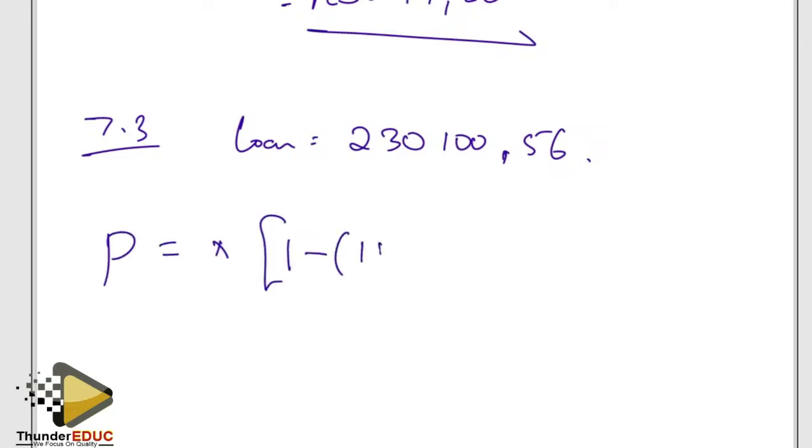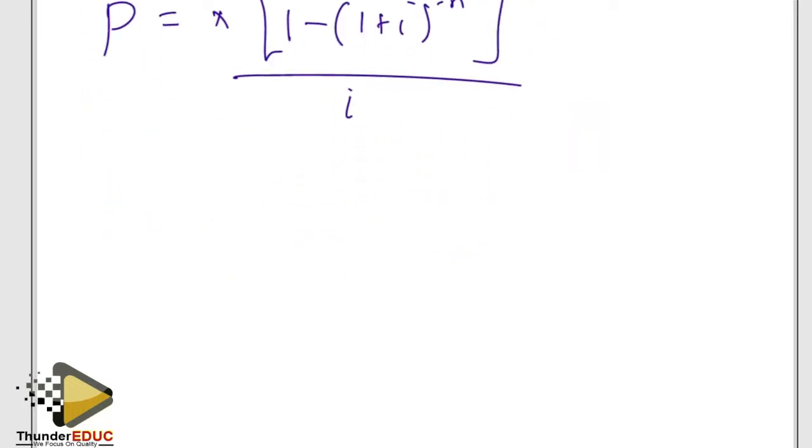Now since it's a loan, we're going to use the present value. This is 1 minus 1 plus I to the exponent of negative n over I. We need the monthly payments. We have them, that's 55,000. So X is 55,000, I is 9%, and we're looking for the N. Our P, we already have it.